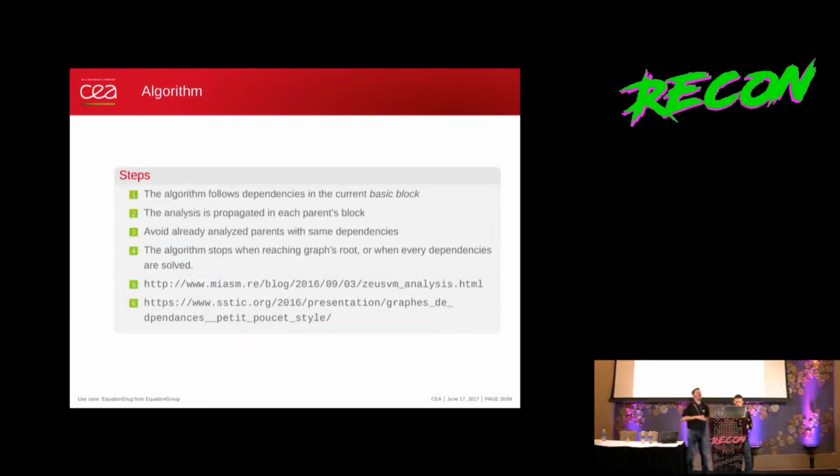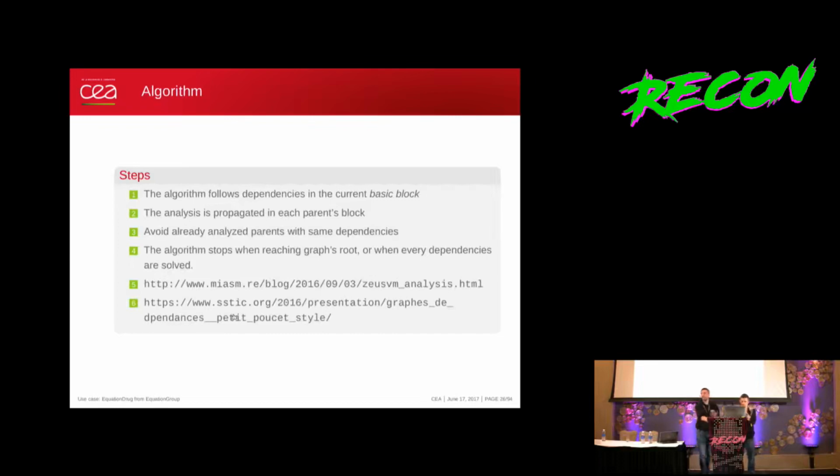So the algorithm is a bit tricky to explain, and it will be a hard time for me. But to simplify, it will track the variable in a basic block, if this basic block creates a new dependence of the variables we are currently tracking. If you want more explanations, you have a paper here.